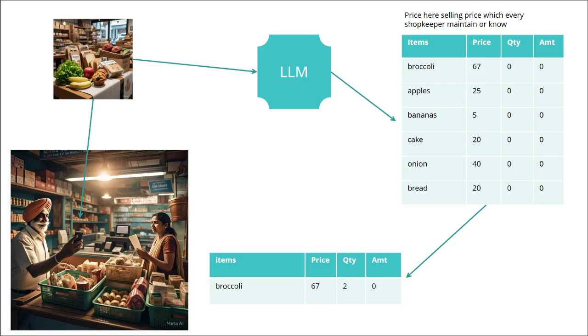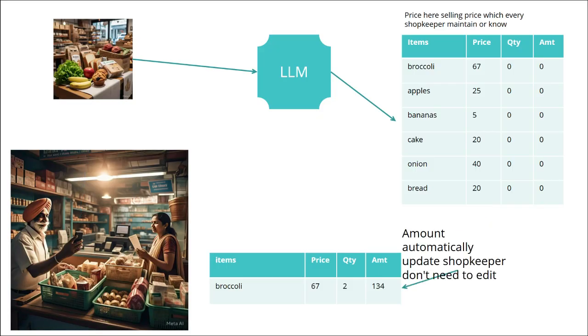Every shopkeeper goes somewhere and buys in bulk, so he has an idea about what price he should sell at. Basically, after getting the table, the shopkeeper needs to manually edit the quantity.